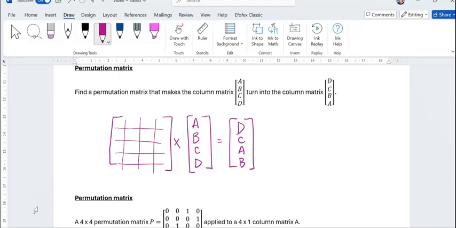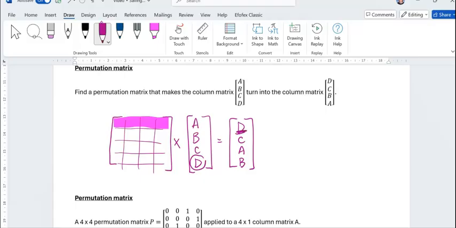So if we think about running and diving, for example, the first row has to be zeros and a 1. I know there's only one 1 in the first row of this matrix, and I've got to figure out where that 1 has to go in order to pick up the D from here and put it into the answer matrix.